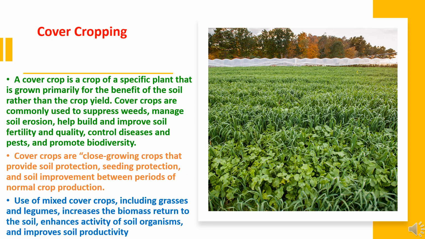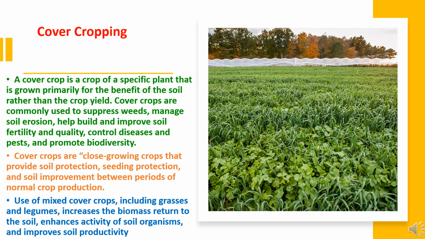Cover cropping. A cover crop is a crop of a specific plant that is grown primarily for the benefit of the soil rather than the crop yield. Cover crops are commonly used to suppress weeds, manage soil erosion, help build and improve soil fertility and quality, control diseases and pests, and promote biodiversity.